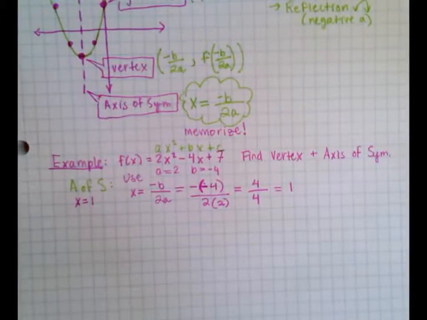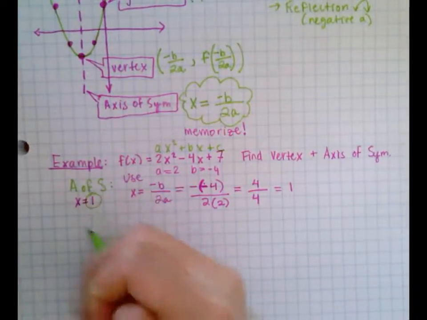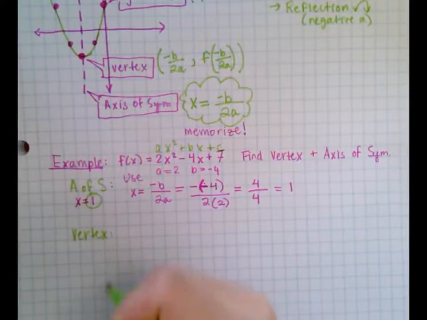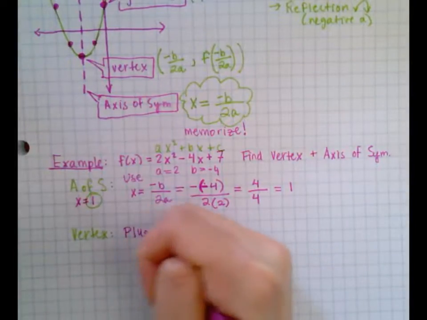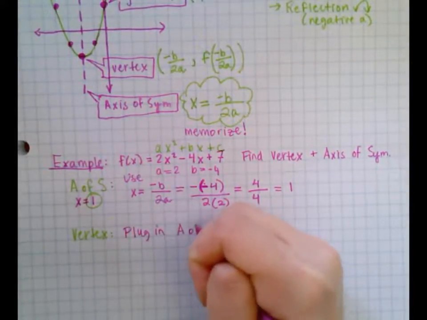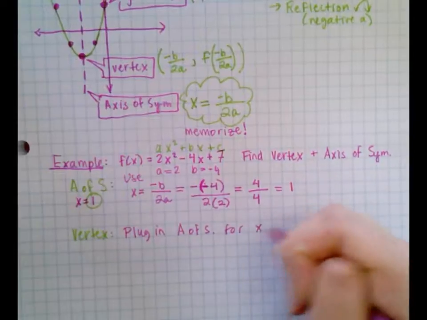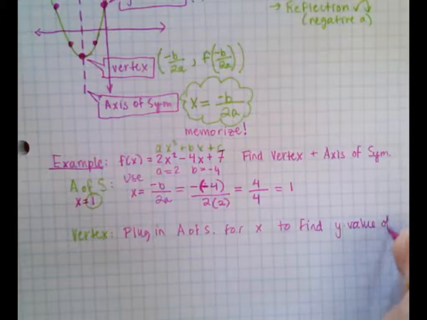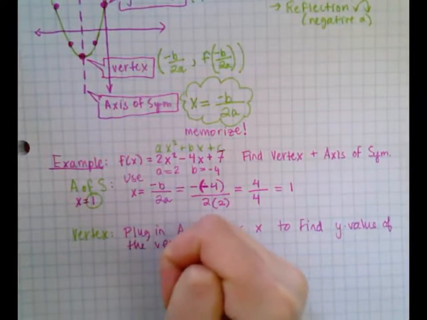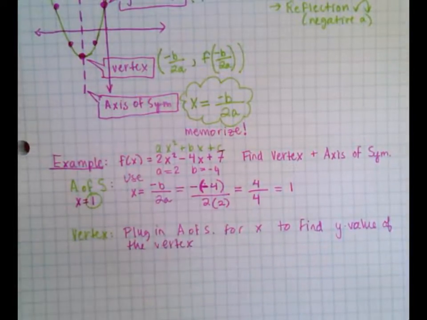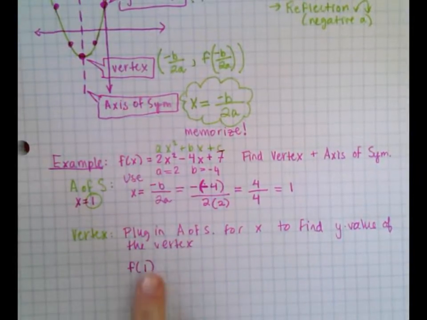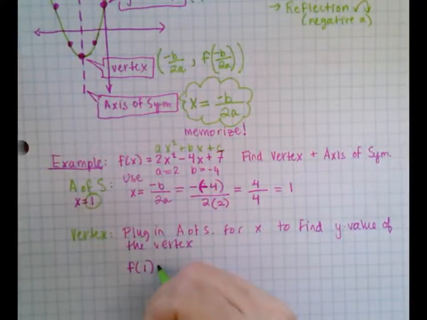Okay, we found the axis of symmetry. To find the vertex, we're now going to take that value of x and plug it in for x to find y. So to write that, we can say plug in the axis of symmetry for x to find the y value of the vertex. In this case, I'm doing f of 1, because 1 is the x value that I'd like to evaluate at.